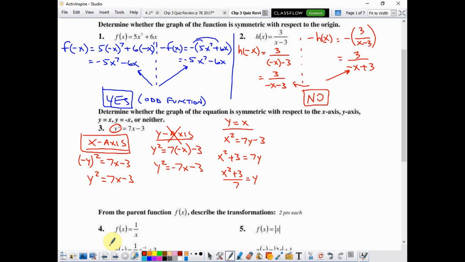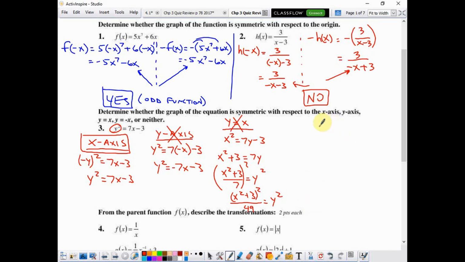So I'm just going to square both sides. So x squared plus 3, quantity squared, over 49 equals y squared. I've gotten one side to be exactly the same as one side of the original, but the other side is not even close. There is no symmetry about y equals x.